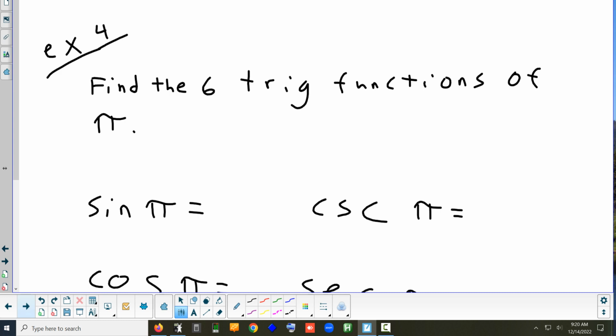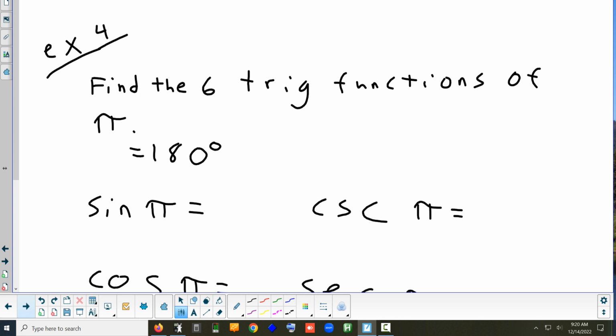Okay, pi. What might we want to do with pi first to make this easier? Because eventually we want to get the coordinate, but we could probably make pi easier to think about. I would convert it to degrees. What is pi the same as in degrees? 180.